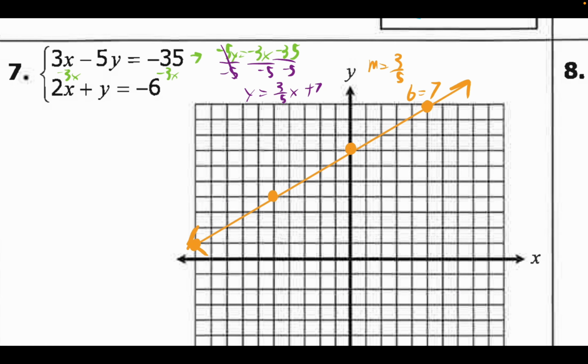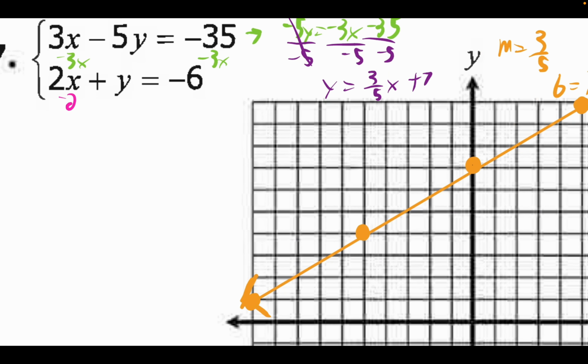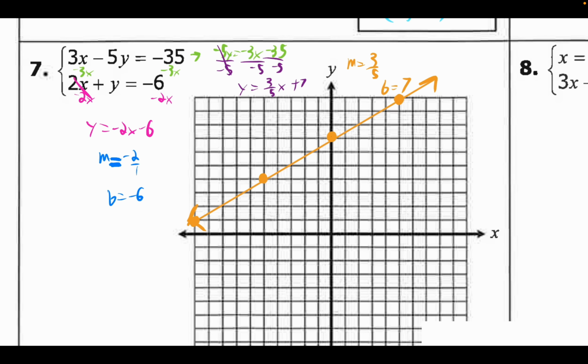And as I go to solve my next equation, I subtract 2x on each side. And I get y equals negative 2x minus 6. That tells me that my slope is negative 2, or negative 2 over 1. And my y-intercept is negative 6. So I make my b at negative 6 here, and I either go up to the left 1 or down to the right 1.